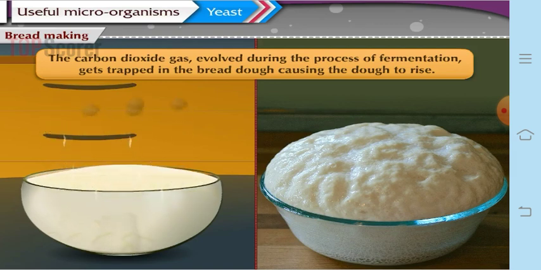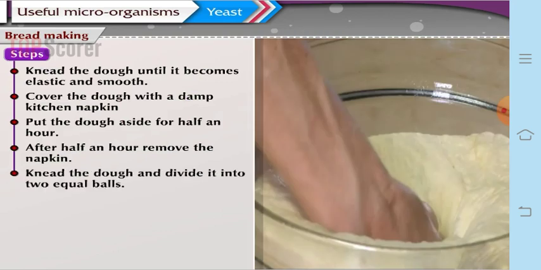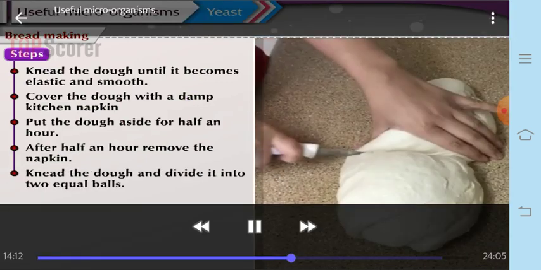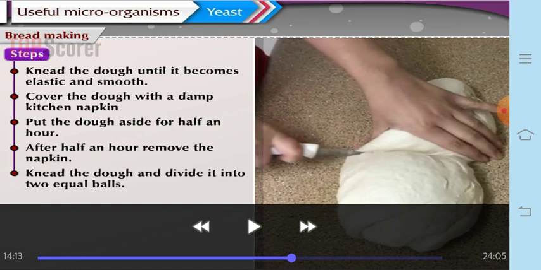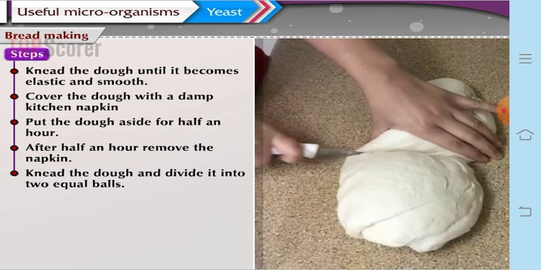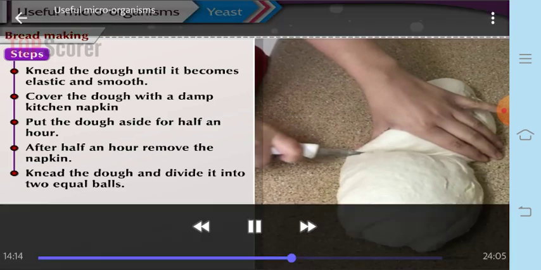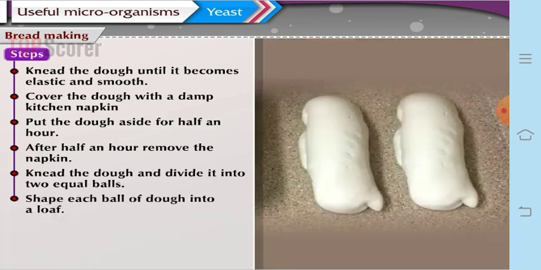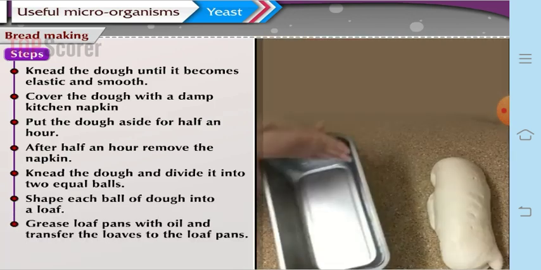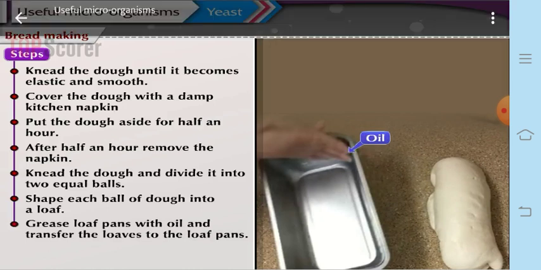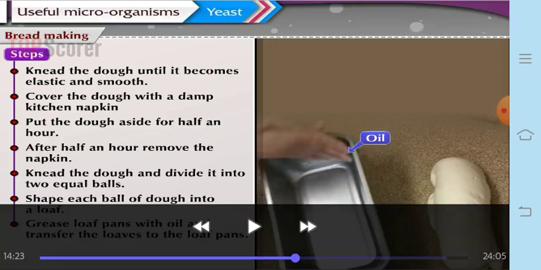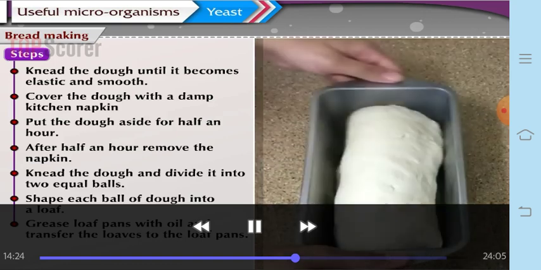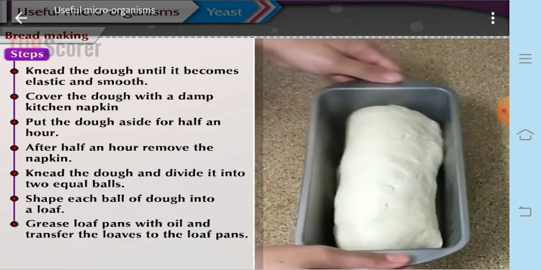Okay, so this is what is happening, and afterwards, when you get that dough which has already risen after half an hour, you need to knead the dough and divide it into 2 equal balls. Fine. After dividing, make each ball of dough into a loaf, then transfer the loaf into the pan.